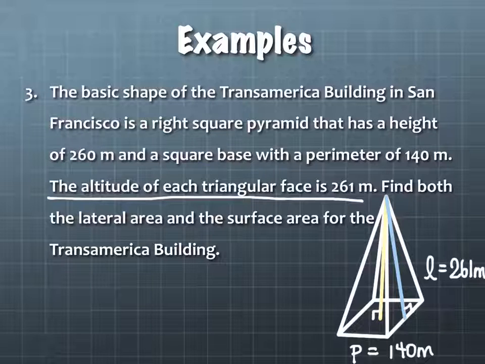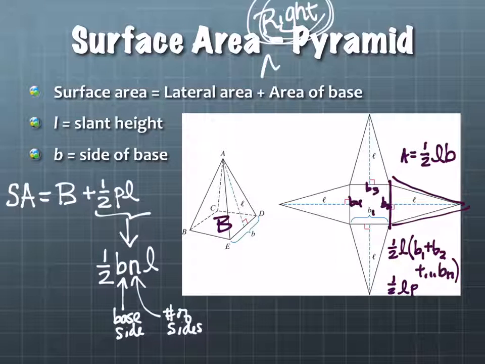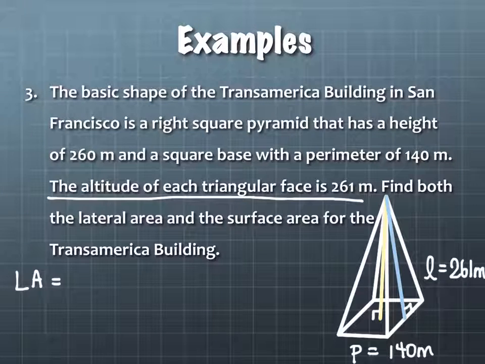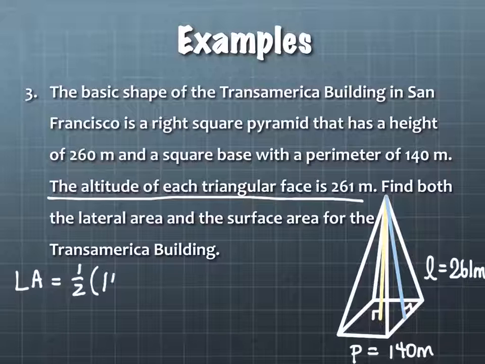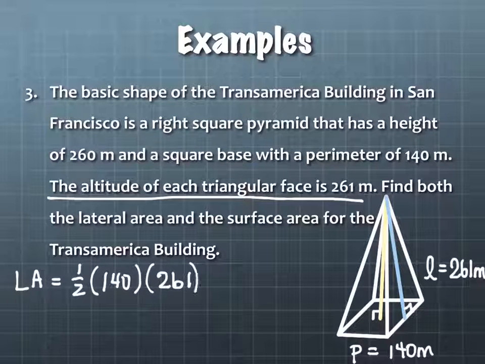Now, I do need to find the lateral area, and then in a minute I'll find the surface area. So the lateral area is the triangular pieces, correct? If you take a look at this picture, the lateral area is the part here at the end, the 1/2 PL. Well, since I'm given P and I'm given L, that's an easy calculation, correct? So I have 1/2 perimeter, which was 140, the slant height, which is 261.